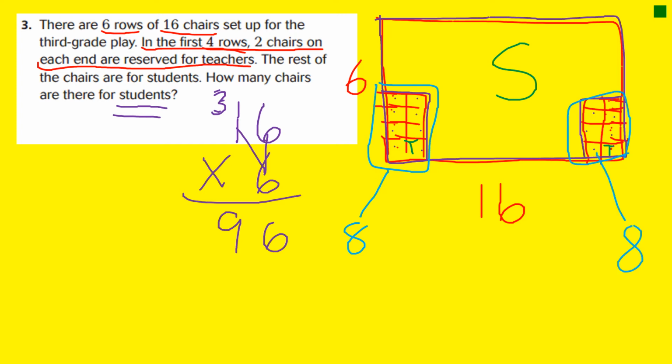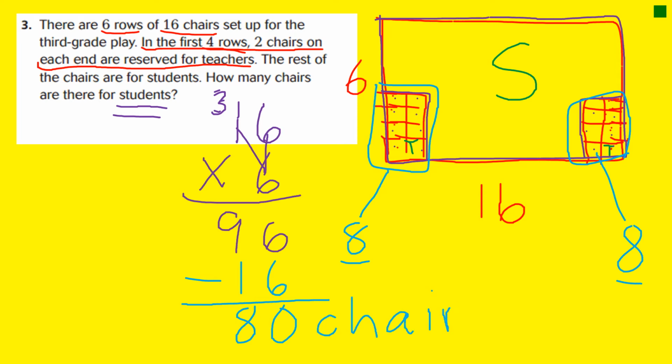So how many chairs are we taking out of this total? 8 and 8. What's 8 plus 8? 16. So 16 chairs are going bye-bye. Okay, 6 minus 6 equals 0. 1 less than 9, 8. All right, so how many chairs are there for students? 80 chairs. Another multi-step with a lovely diagram. All right?